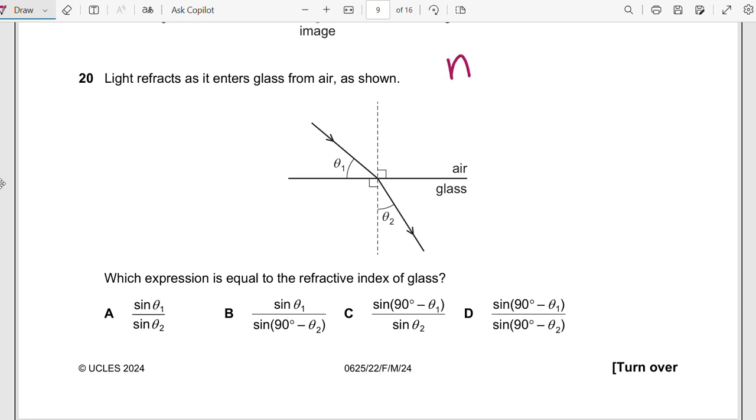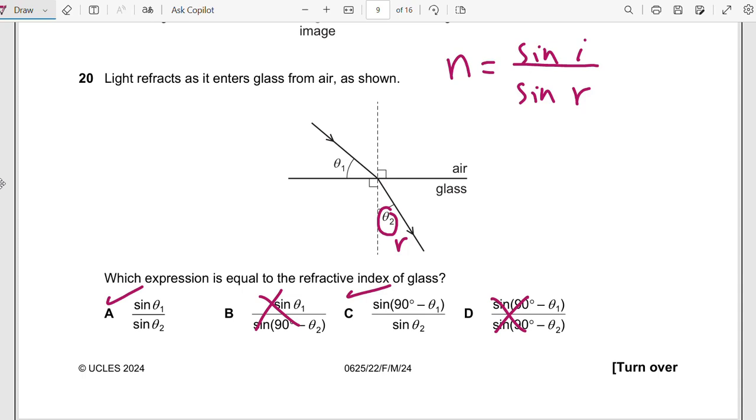Remember, refractive index equals to the sine of incident angle over the sine of refraction angle. Okay, it's obvious that theta 2 is refraction angle. Okay, so down I should have sine theta 2. So it's obviously either C or A. B and D are wrong.